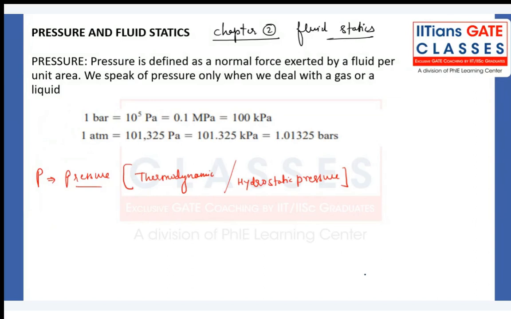First of all, note down the definition of the pressure. Pressure is a normal compressive force, exerted by the fluid per unit area. And we speak of pressure only when we deal with gas or liquid, because we don't deal with solid. In case of solid, we have the stress, right? 3D compressive stress we call that.